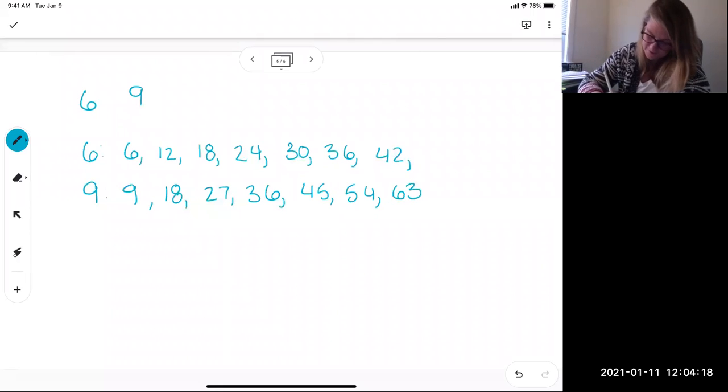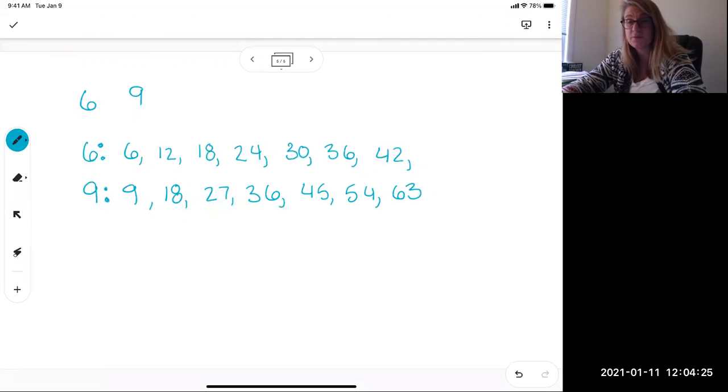Here I have listed out 7 multiples of each number. You don't have to list out 7 multiples. You can just list out multiples until you find one that they have in common. Sometimes you might have to list a few. Sometimes you might have to list a lot. So just keep going until you find some that they have in common.